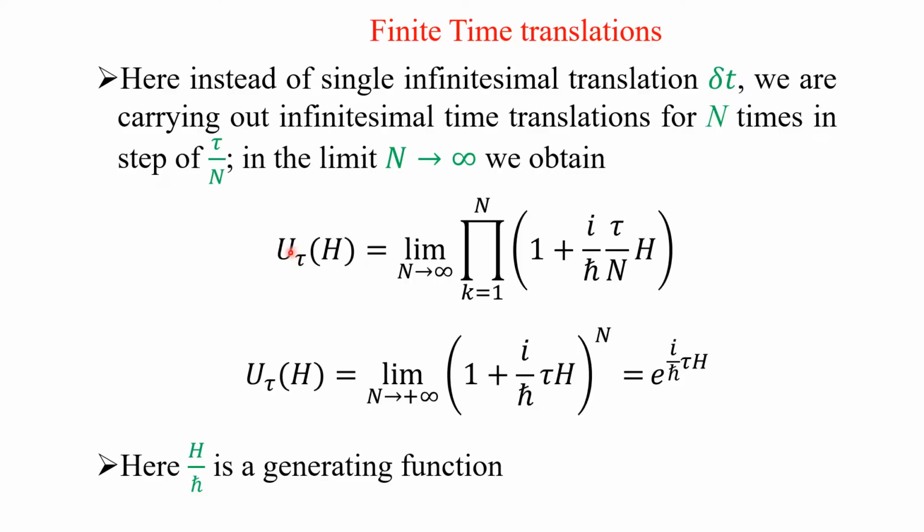We define the unitary operator U of tau, which is a function of the Hamiltonian H, equal to the limit n tends to infinity of the product from k equals 1 to n of 1 plus i over h cross, tau over n, into H, the Hamiltonian.